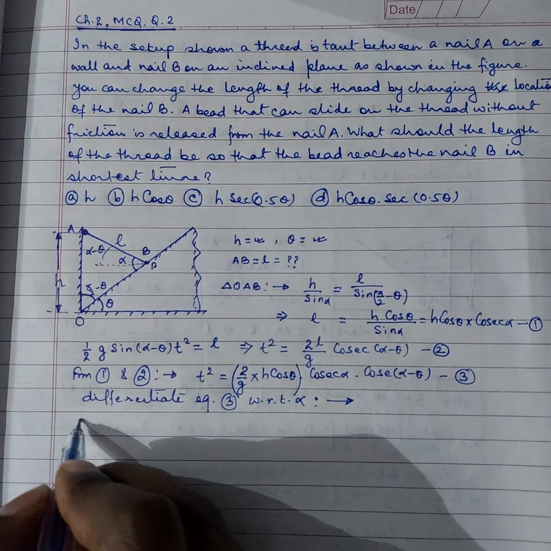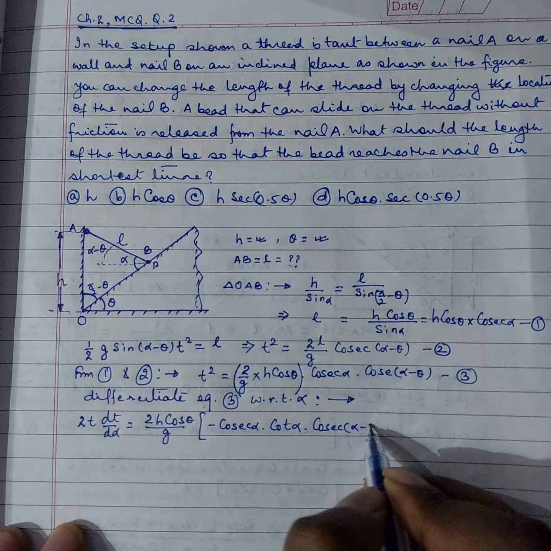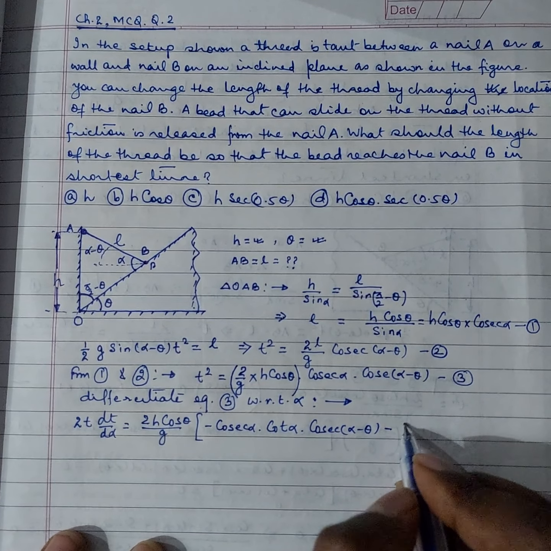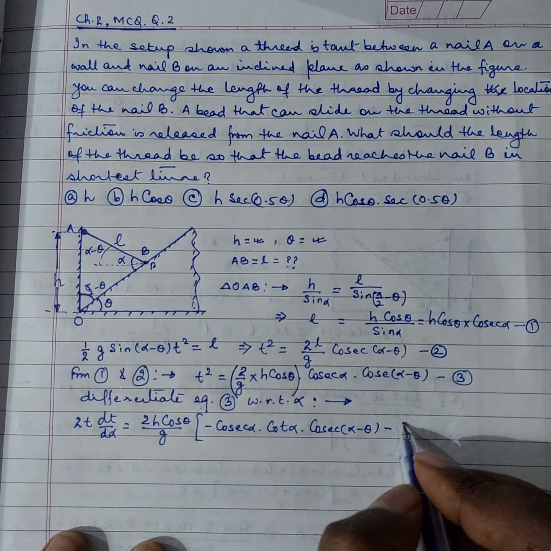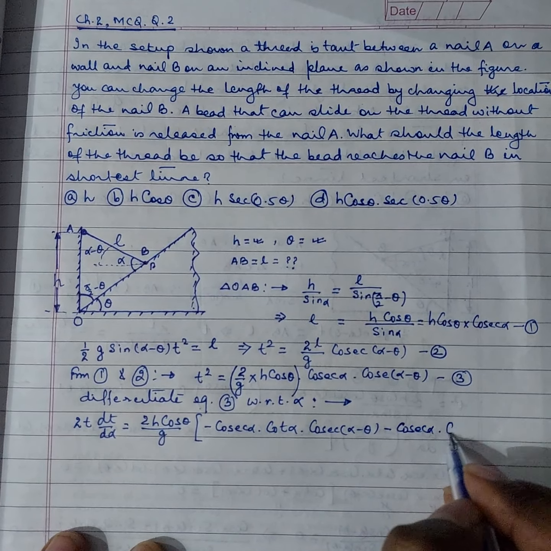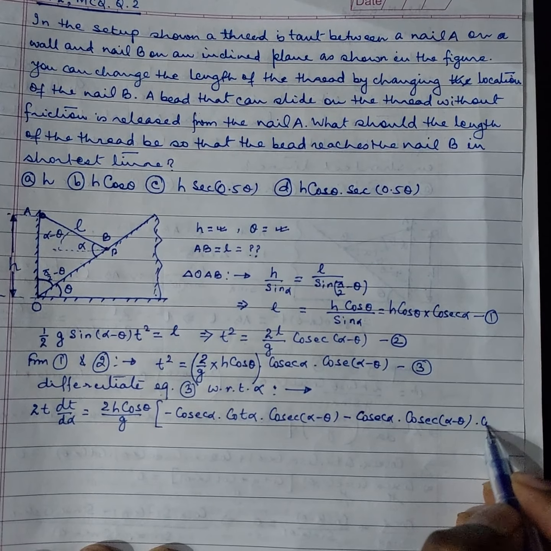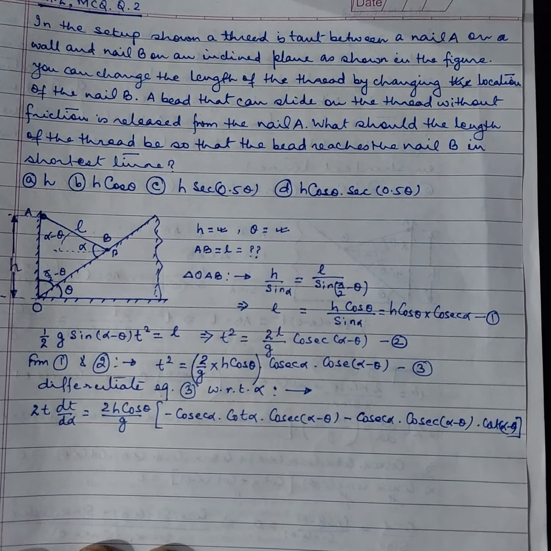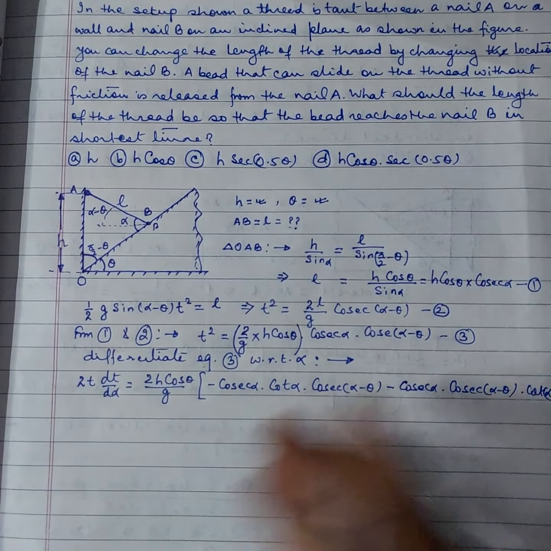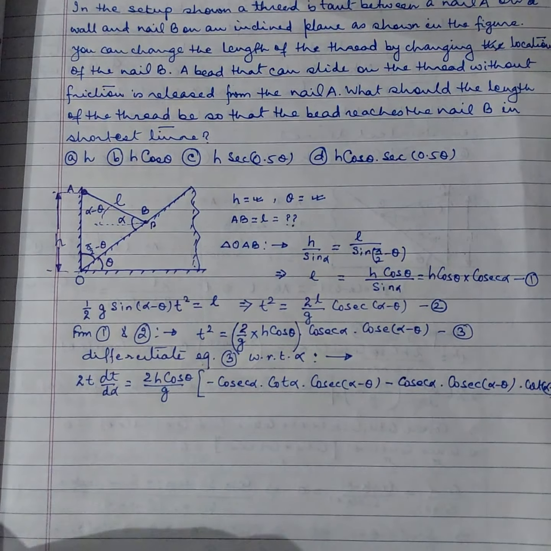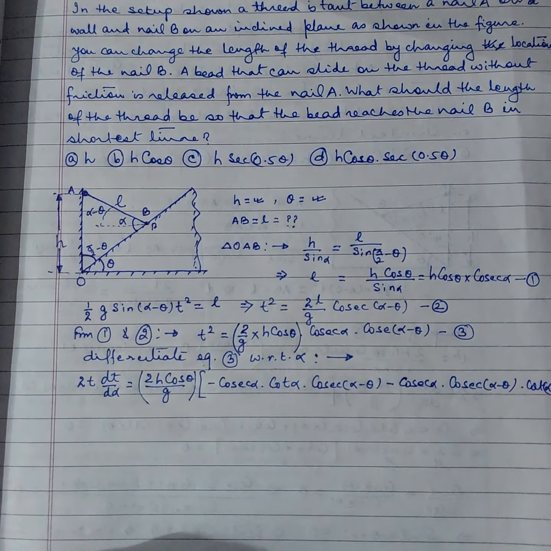So 2t dt by d alpha has become 2h cos theta by g into minus cosec alpha into cot alpha into cosec alpha minus theta minus cosec alpha into cosec alpha minus theta into cot alpha minus theta. But dt by d alpha, for t to be minimum, we will put it as 0. This is constant, we cannot do anything with this.